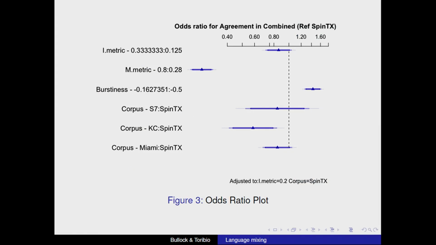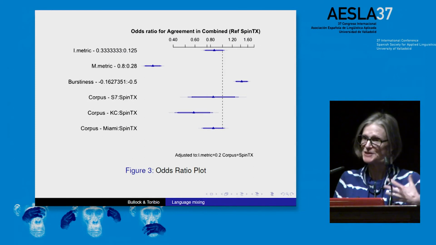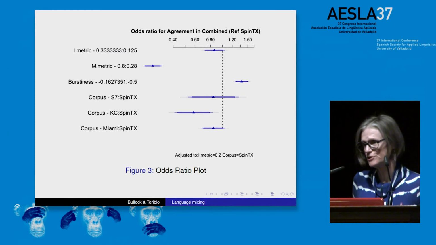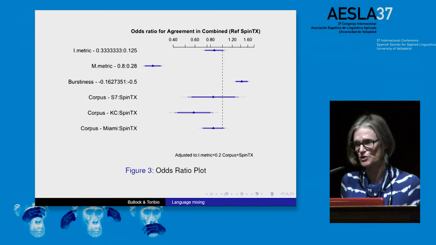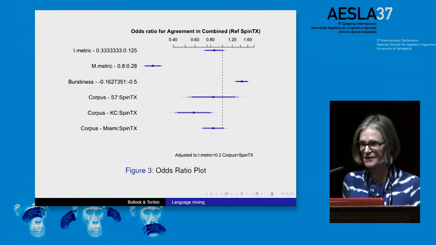But what's happening here is, the lower the M metric and the higher the amount of burstiness, the more the matrix language is going to converge. This just makes sense. It's easier to find a matrix language when you've basically got an insertional type of code switching. As soon as you get more complicated, it's really hard to say. And you probably all have this experience, I suspect, if you've ever tried to determine the matrix language.